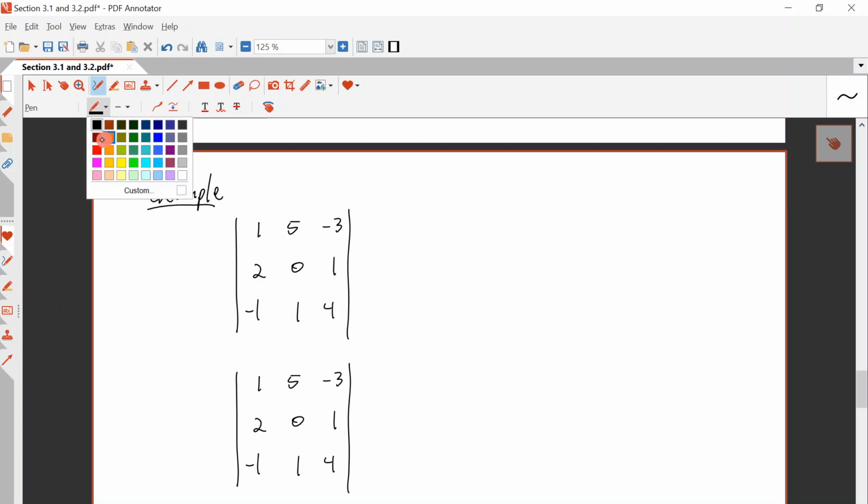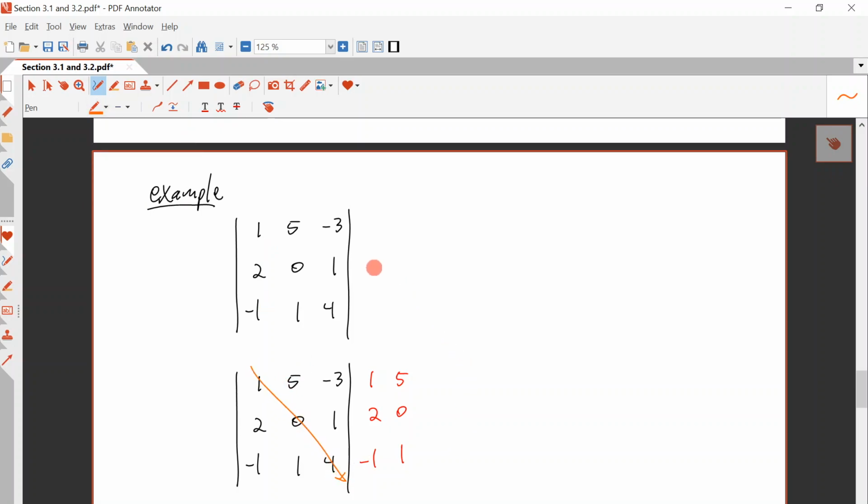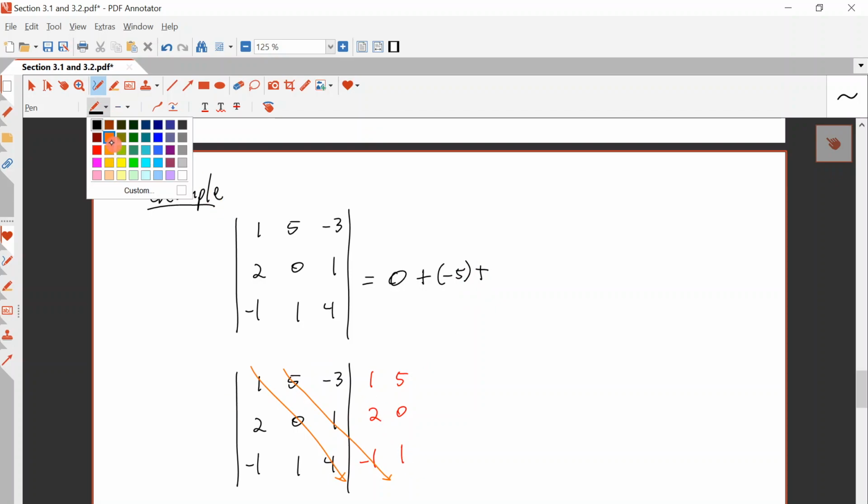So drawing those first two columns, 5, 0, 1, and we've got the downward products. So that first one is 0, second one is minus 5, right?